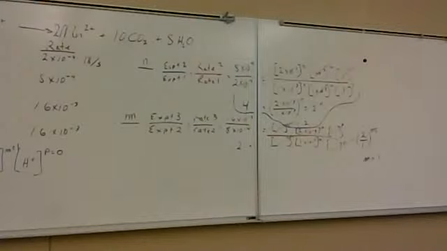Because anything to the 0 power is 1. You don't write it in. So the rate is K times this one, times 1, and we never write 1 anyway. That's why the law is that, and not H to the 0 order.